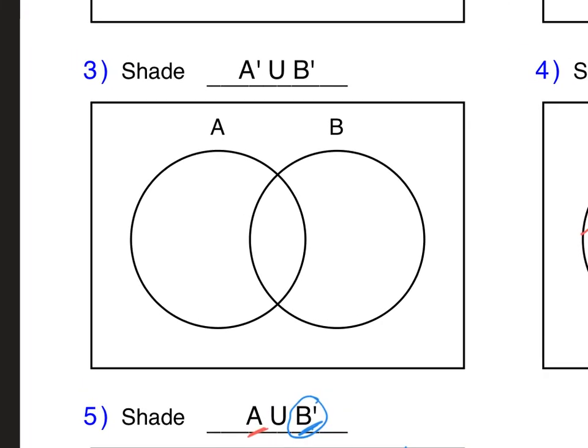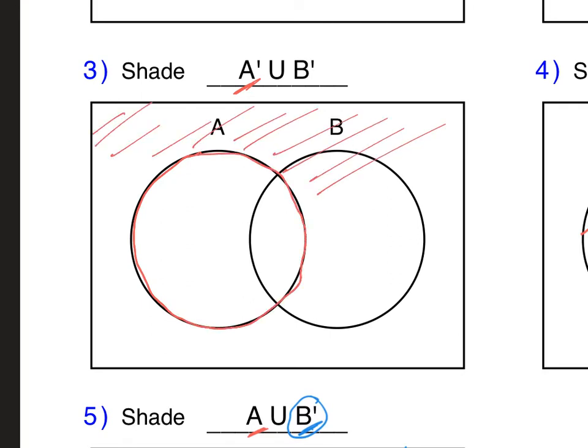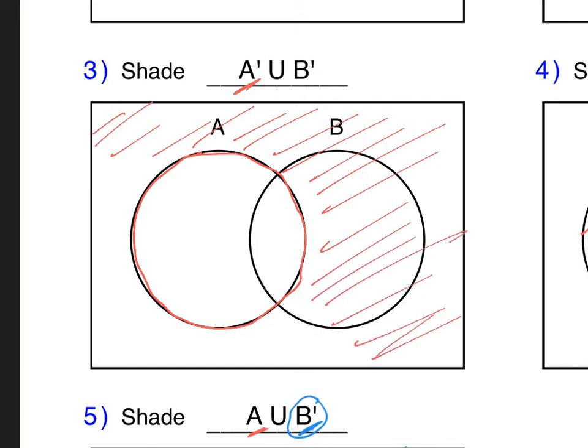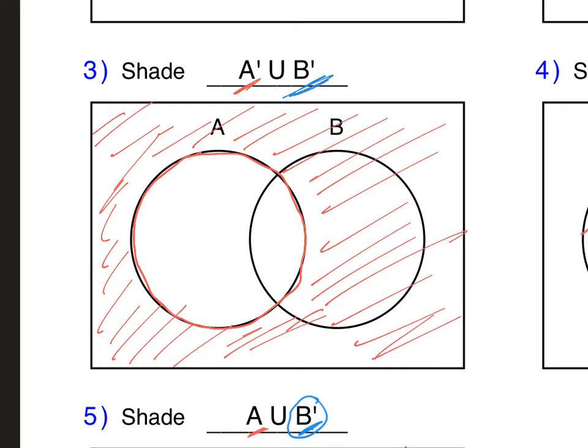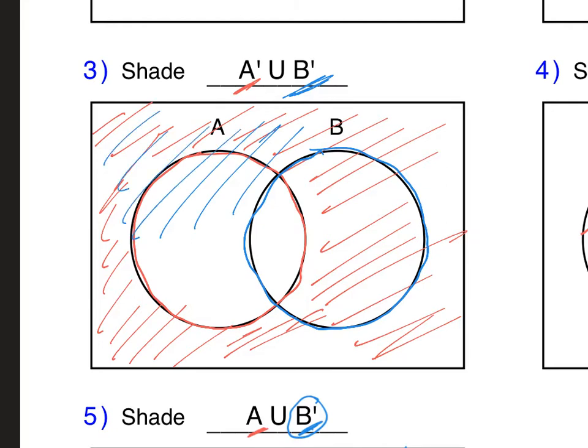The complement of A or the complement of B. The complement of A, or not A. This is my set A. We're going to shade everything outside of it. The complement of B, well, my set B is the one that I'm circling in blue, so it would be everything outside of that set.